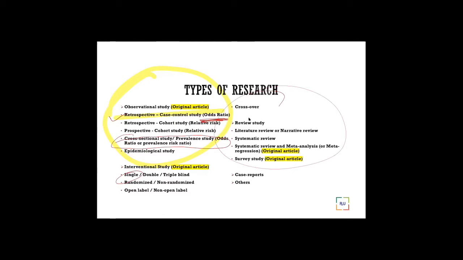So single blind, double blind, and triple blind are the various types of intervention studies. Second is randomization and non-randomization. Usually intervention studies are randomized or non-randomized. When we talk about randomization, for example, we do not want to be biased about the selection of a particular community, disease, or group.